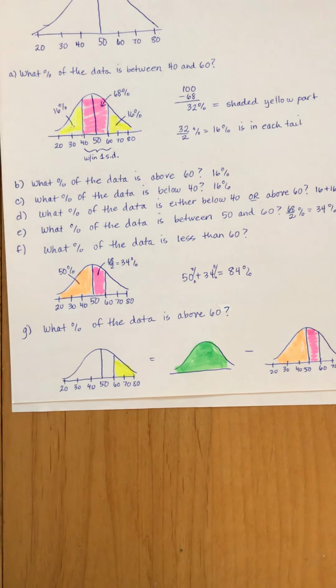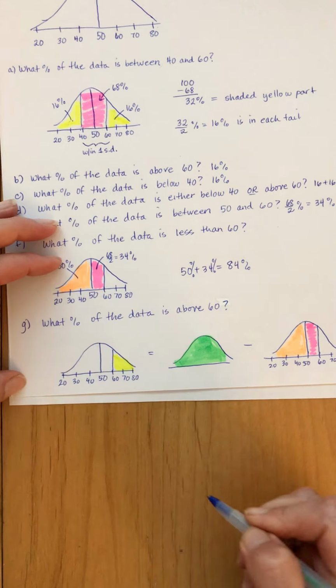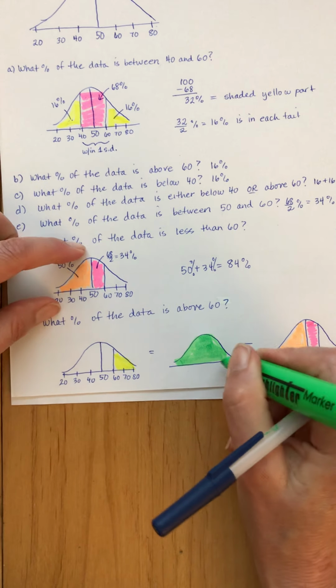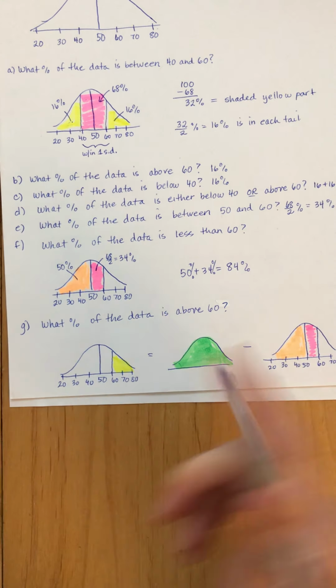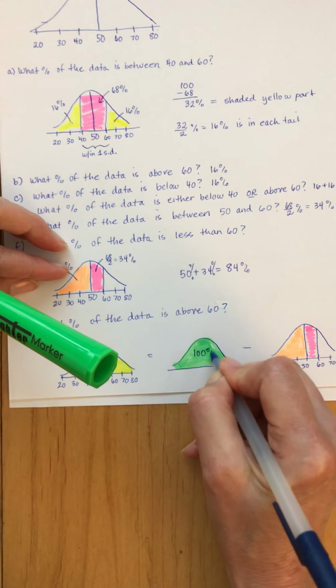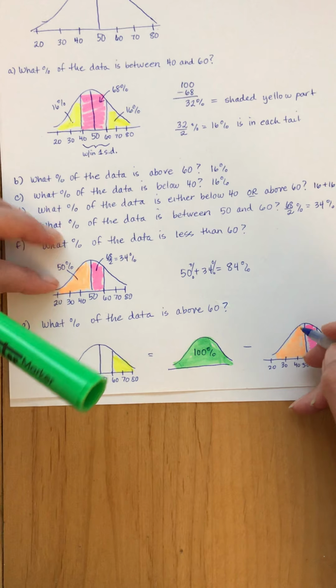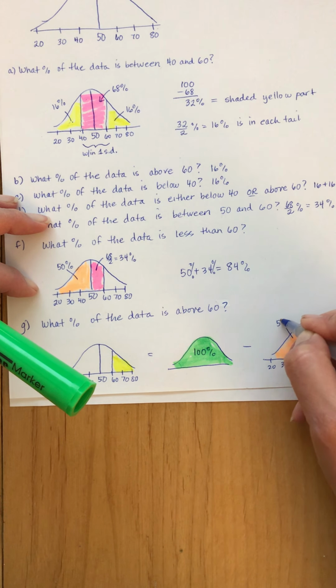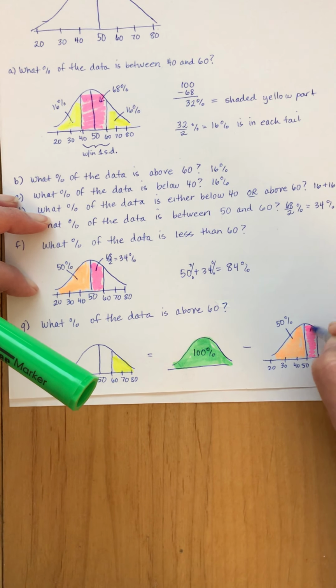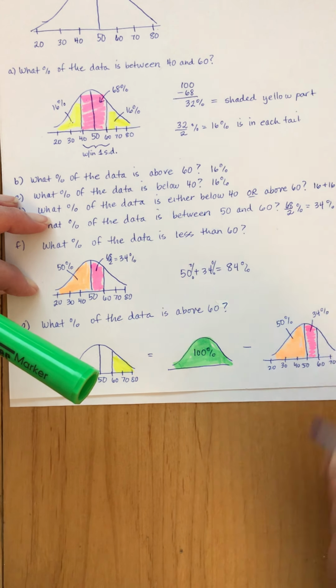So this piece right here, we're trying to figure it out. The whole thing is 100%. If we subtract off the white piece that's missing, what was this equal to? Well, this part was 50 because it's half. This part was 34. We've calculated that over and over.